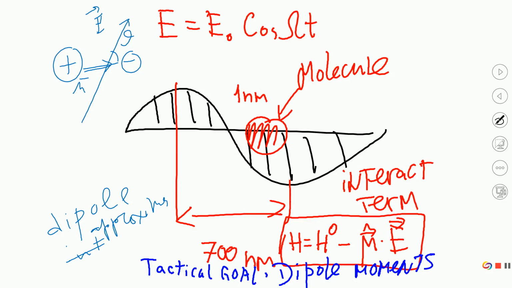So there is a static dipole that may slowly adjust to the field. And there is a transition dipole, which doesn't have an analogy in the classical world. It is a matrix. There is no visual analogy. It is a matrix element of the dipole interaction between states of the electronic system.